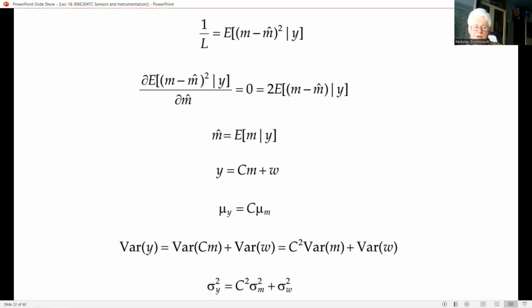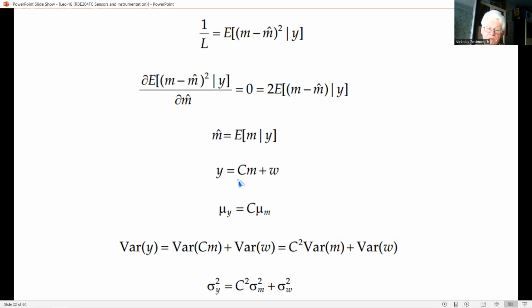In the present problem, the objective is to estimate M using measurements Y. The measurement equation is the equation for Y, the next one here, Y equals C M plus W. C here is the measurement gain, as noted earlier.